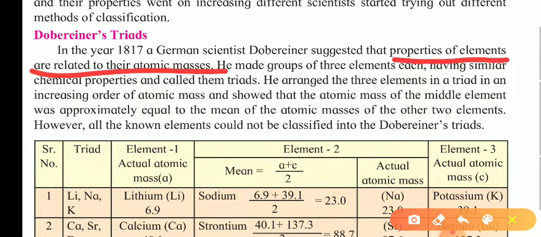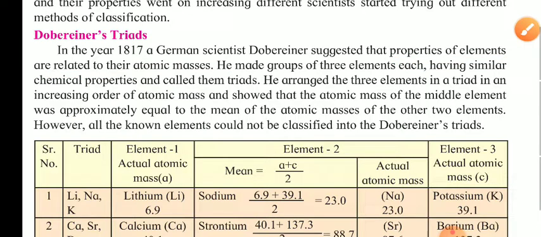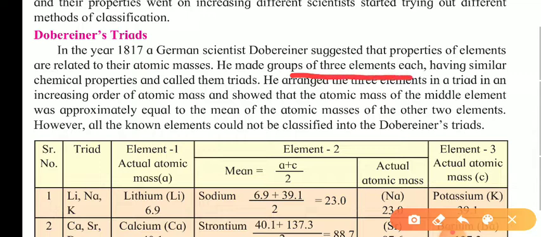Then what he did, he made a group of three elements having similar chemical properties, and called them triads. First of all, he said the properties of the elements are related to their atomic mass, meaning as the mass changes, their character will go on changing.